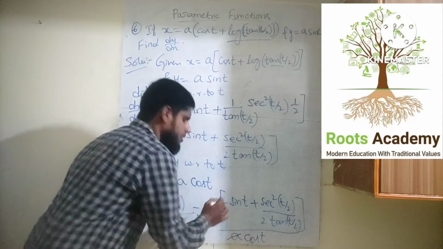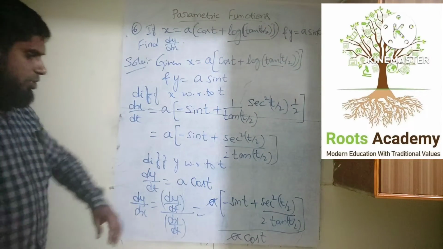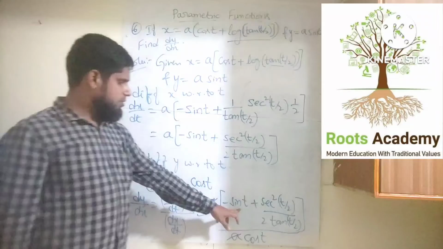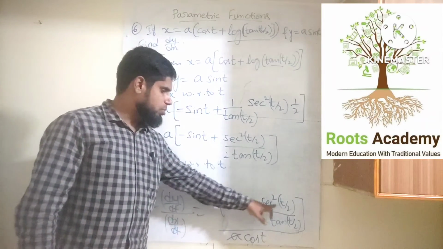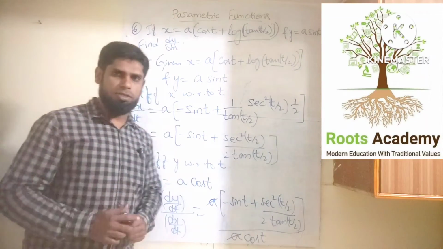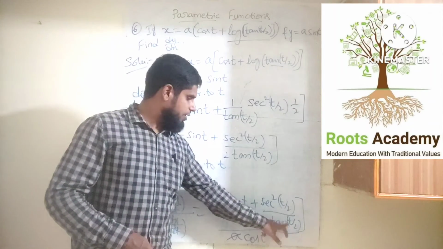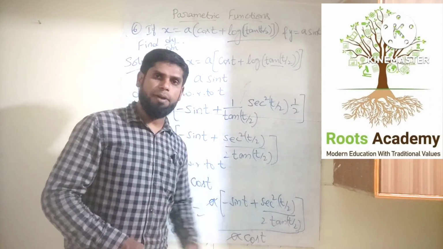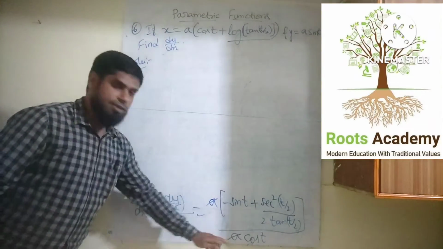So a and a get cancelled here. So here the second term can be simplified. We have secant square here, and we know secant square can be written as 1 by cos square. And I have tan here. Tan can be written as sin by cos.